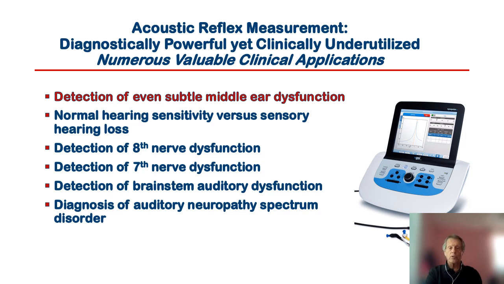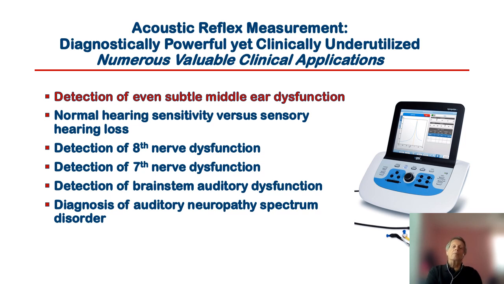Those were acoustic reflex threshold, acoustic reflex amplitude, the acoustic reflex decay test, and the most recent, which is available on very few pieces of equipment, like the GSI TympStar Pro, the acoustic reflex latency test.